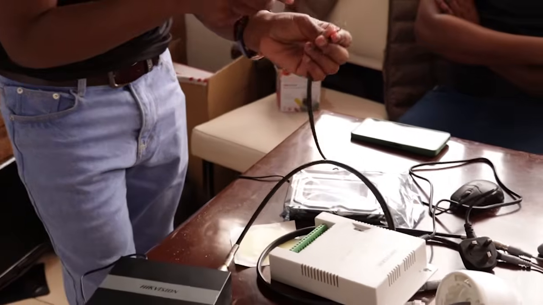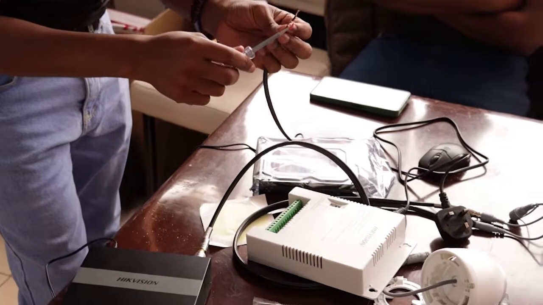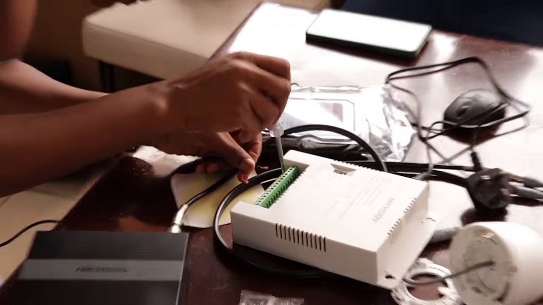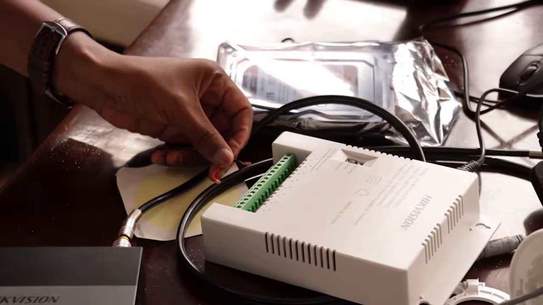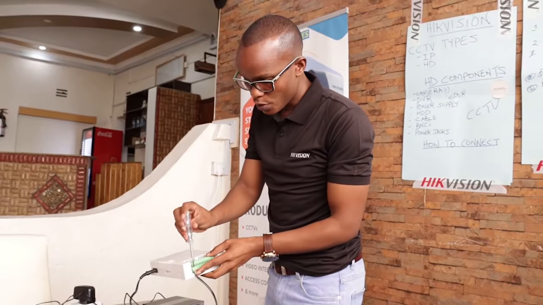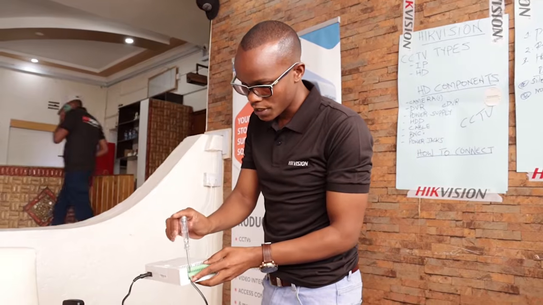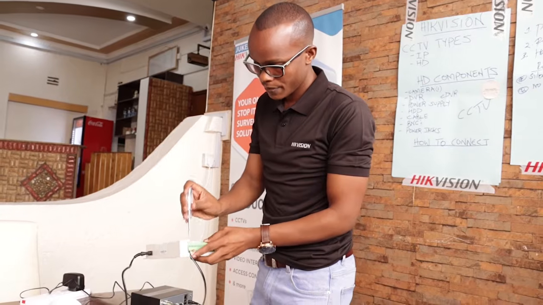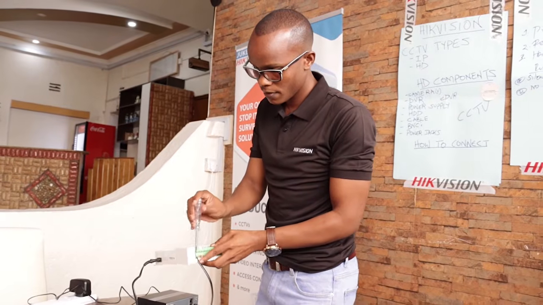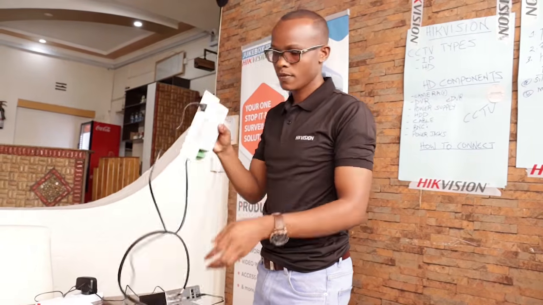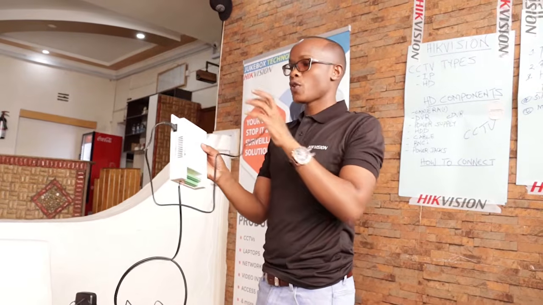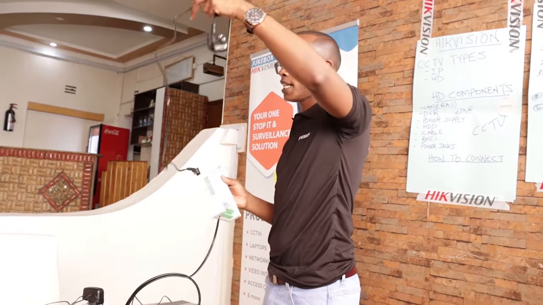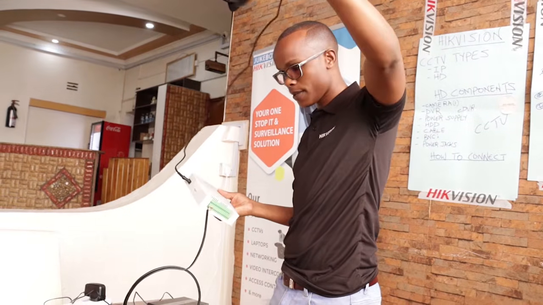In this case, we are using black for negative and the red one for positive. So I'm going to make a connection here. Make it tight so that it doesn't come out easily, or so that we don't have sparks. So now this one will give power to the camera, but where will it get power? From the electricity. So we connect it to power.